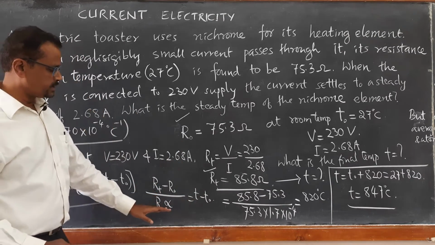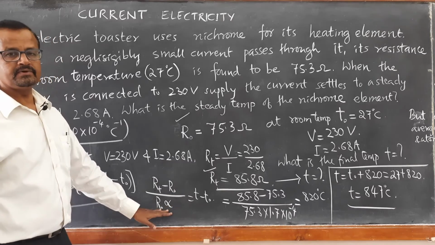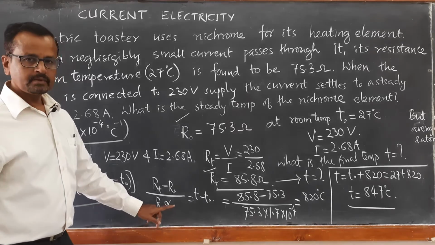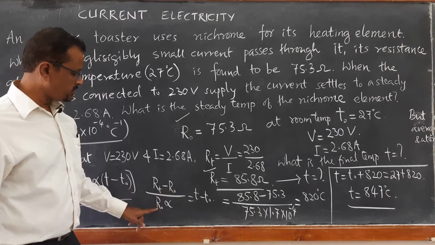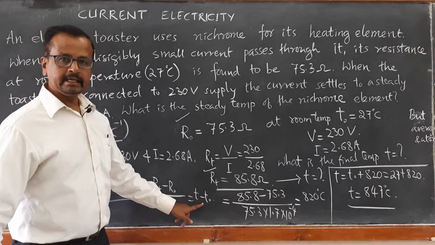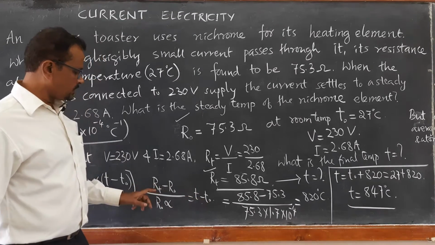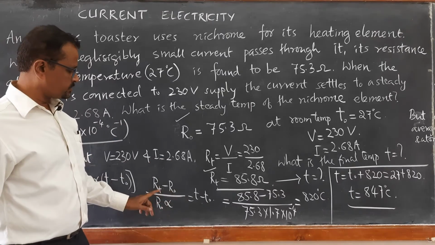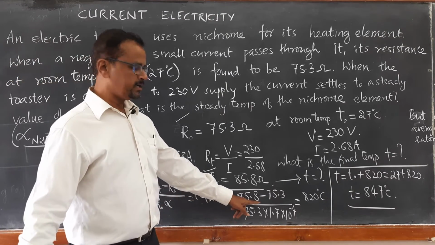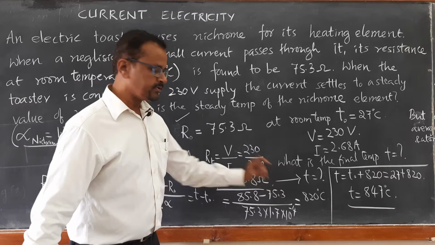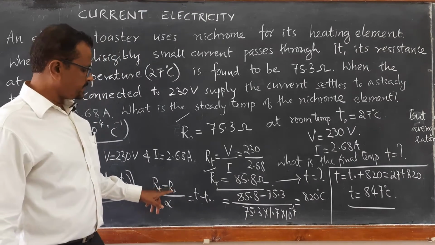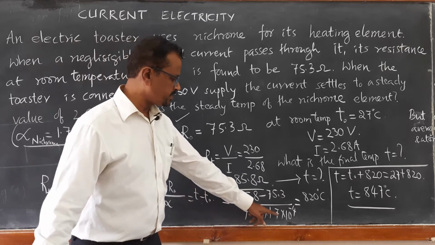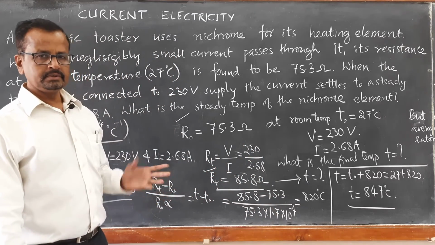This I can write using the definition of the temperature coefficient of resistivity: alpha equal to (RT minus R naught) divided by (R naught into delta T). Therefore, delta T is equal to what? RT minus R naught divided by R naught into alpha. Just substitute the values: RT 85.8 minus 75.3, divided by 75.3 into 1.7 into 10 raised to minus 4. Yes.